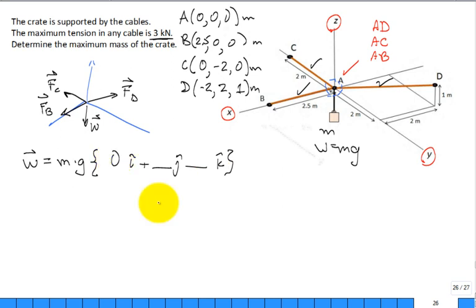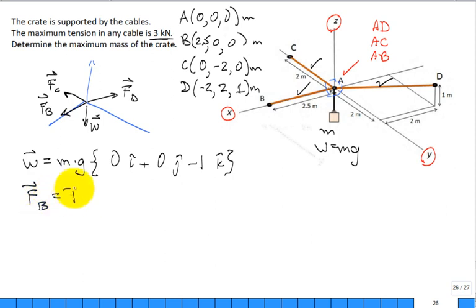It'll be 0 I, 0 J, negative 1 in the K. Does that make sense? The magnitude is mg, sitting out front. Now, what about the force vector B?